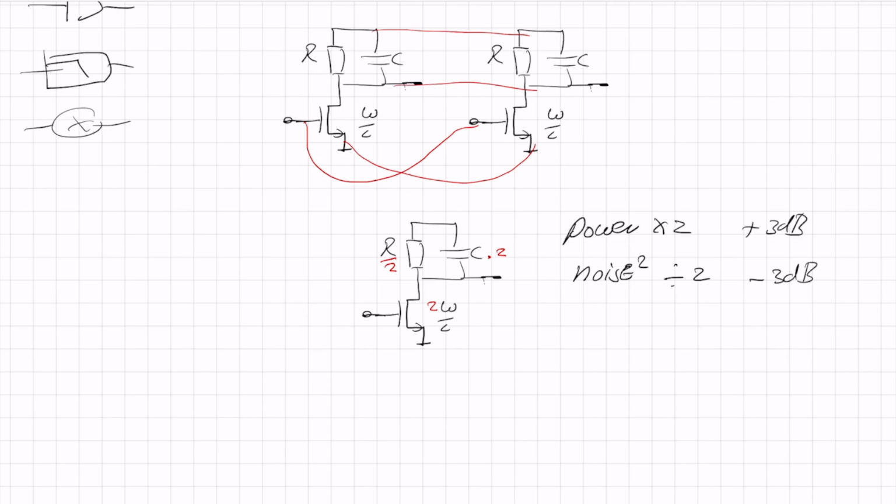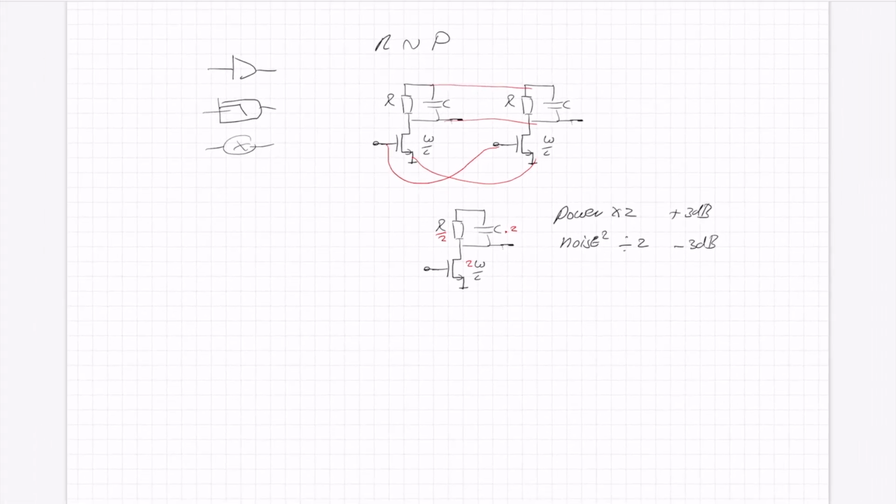So what you can do in analog pre-processing is, if your noise is too high, you can take copies of your circuit, put them in parallel, connect all the nodes, you increase the power and you lower the noise. And you can also do the opposite. If the noise is still fine, it can be bigger, just cut off slices of your circuit and save power this way. So this way you can optimize the power and noise of your pre-processing circuit.